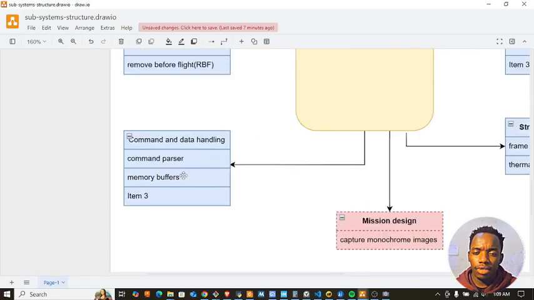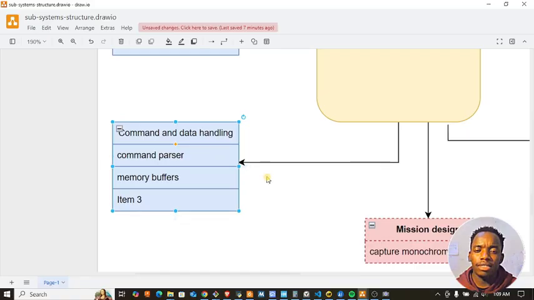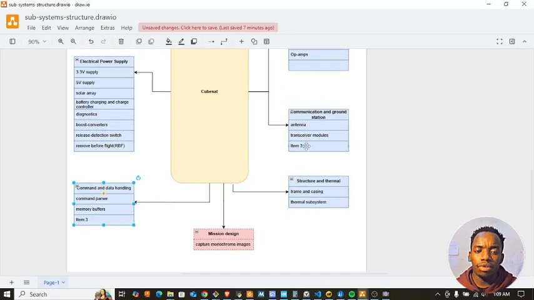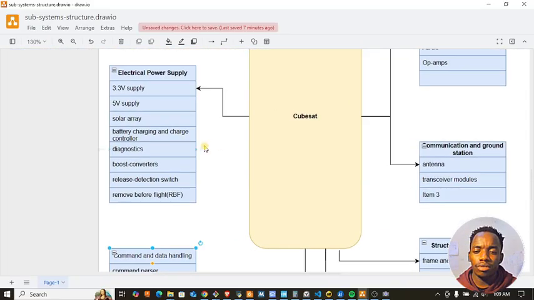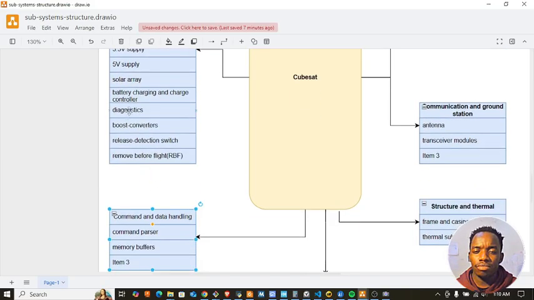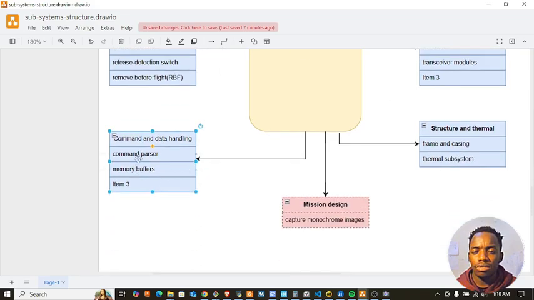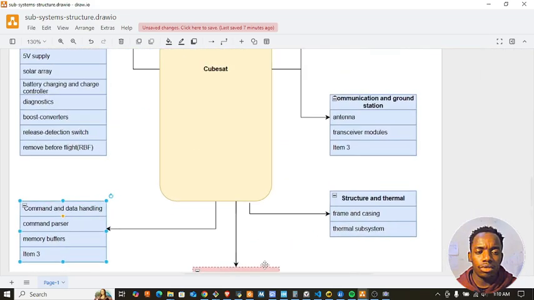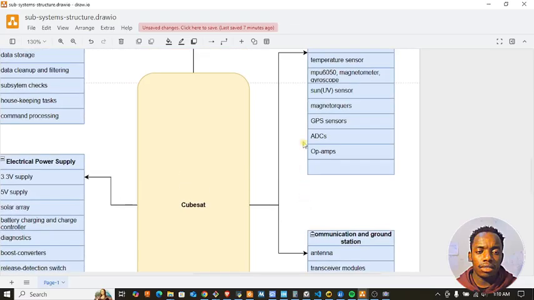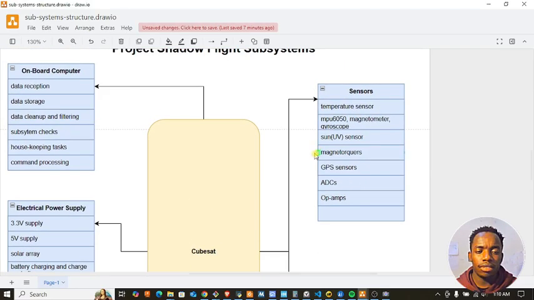Likewise, we also have this command and data handling. So this is more of hardware orientation, because you can see the voltage supplies, converters, things to do with antennas, the sensors, GPS, whatnot.